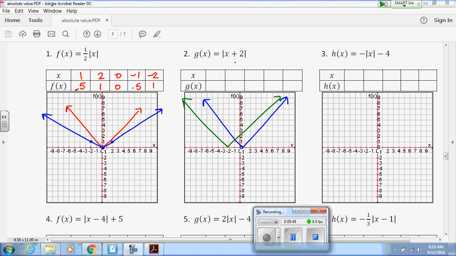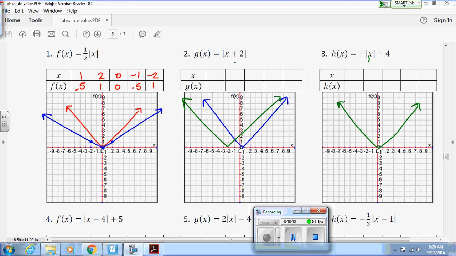What about a negative outside? What is that going to do? I'm going to move it down. Well, sort of. It's going to take it from here to here. Let's do this in like 3 steps, okay? So the parent function looks like this. Pretend it looks like that. That's the parent function.